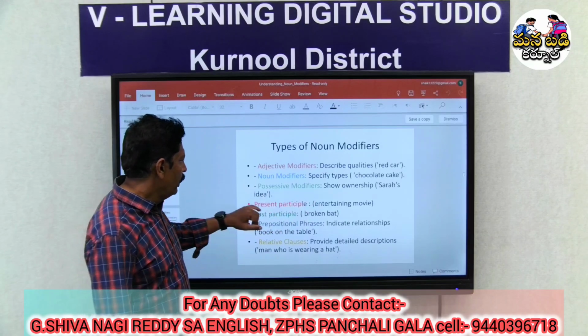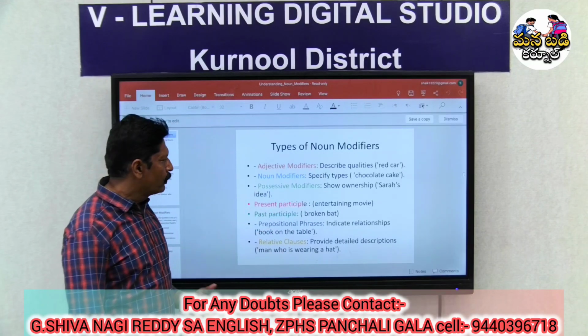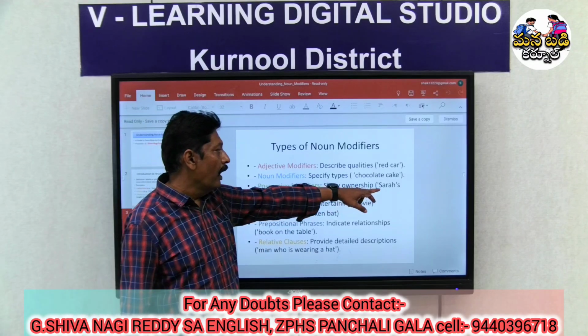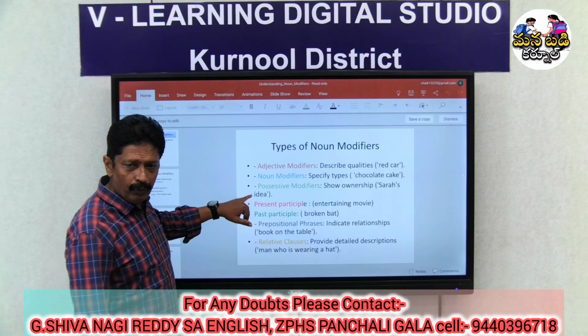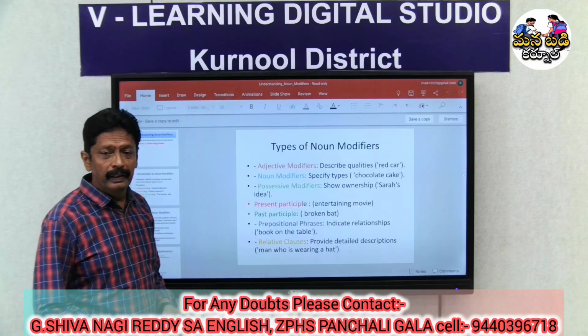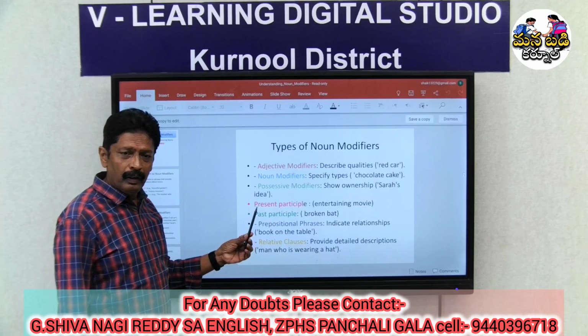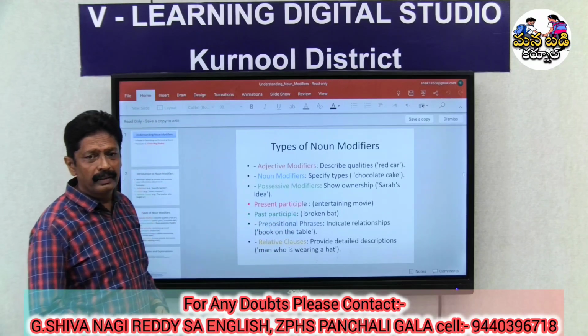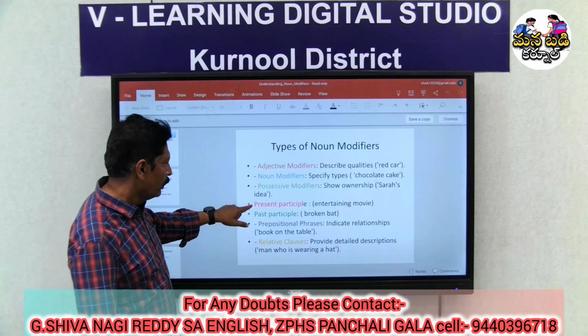In the same way, possessive pronouns, possessive modifiers. This is Sarah's idea. Idea is a noun. Sarah's idea. This is Shiva's pen. A possessive pronoun or possessive noun will also work as a noun qualifier, noun modifier.